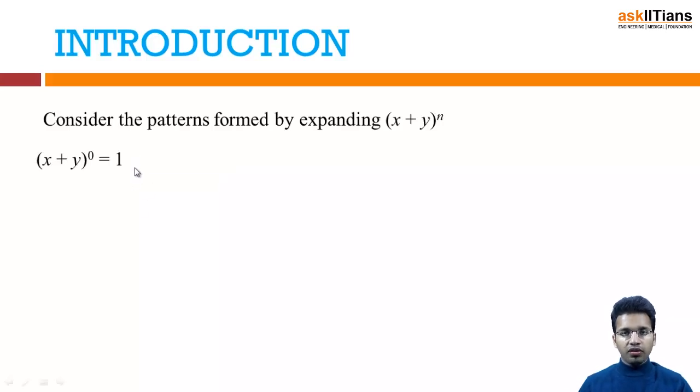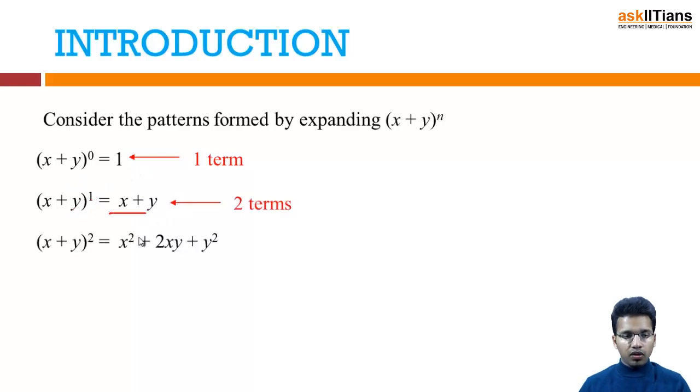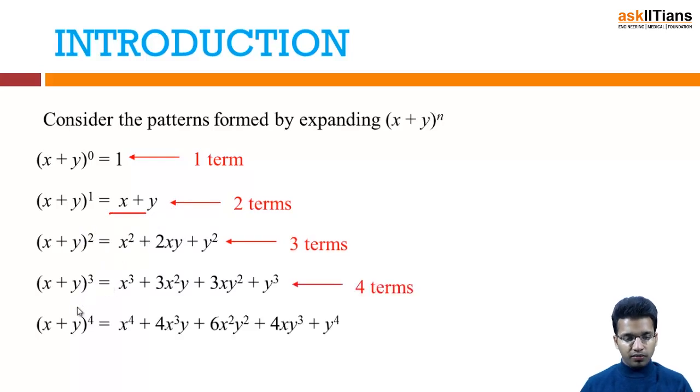So we start with the power 0, that is very easy for all of you, only one term. Then next comes x plus y raised to power 1, 2 terms. Again going like this, 3 terms, 4 terms, 5 terms.